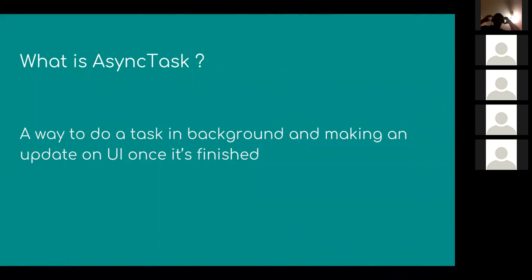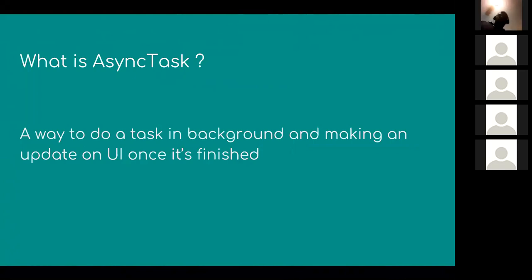You can update anything on the UI if you want to once it's finished, or if you don't want to, you can just leave it. Anything is fine. We just need to make sure that this is something that will run in the background and not occupy the main thread, so that our app's performance is well maintained. Android says that if there's a lot of load on the main thread, or the app does not respond in 5 to 10 seconds, you get the application is not responding dialog on your phone.